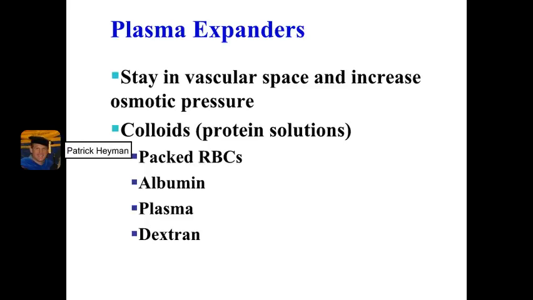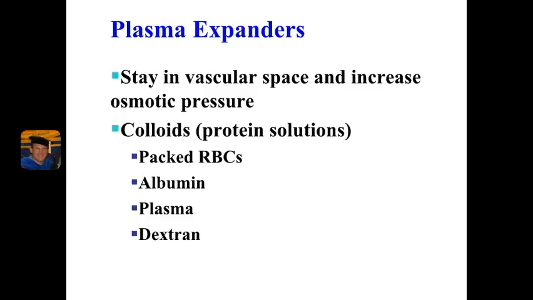Okay, plasma expanders are going to cause an increase in plasma osmotic pressure, and they're going to draw fluid from the intracellular space into the vascular space. So they have 4 different kinds. Packed red blood cells, those are special. We'll talk about those in a second.